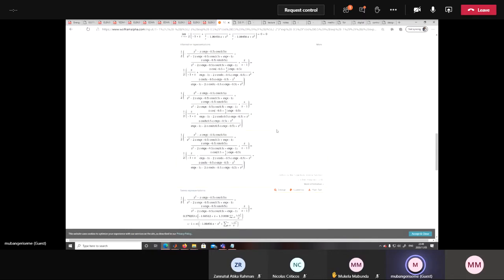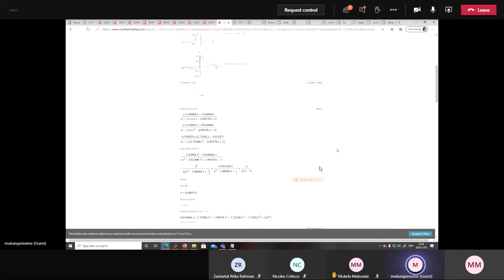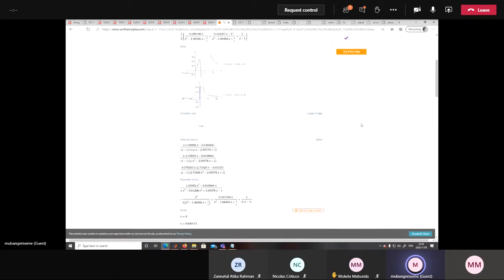Okay, where's the final simplified form? Is that not what I wrote down? Because then that looks very different. Yep, that looks very different.